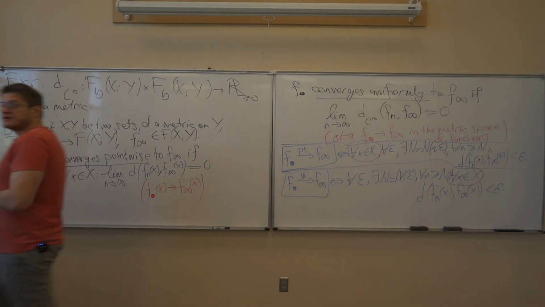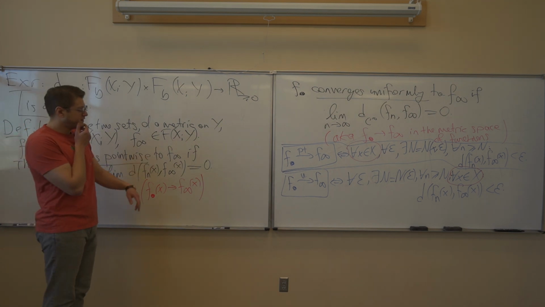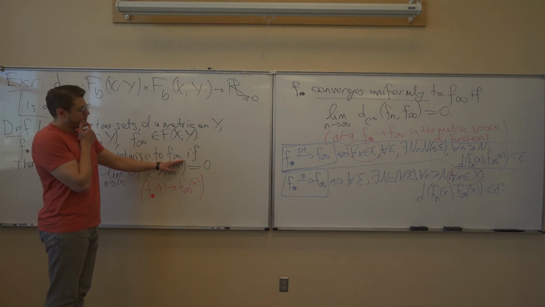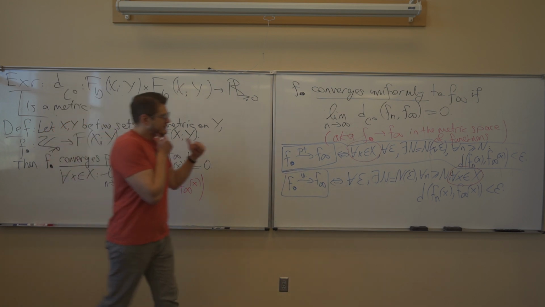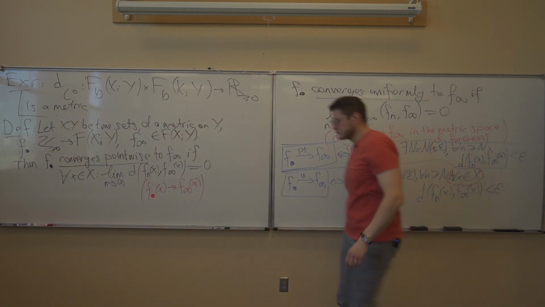Let's see what that would mean. Let me also say a couple more words. If f bullet converges pointwise to f infinity, then you say that f infinity is the pointwise limit of the sequence. And if it converges uniformly, you say that this guy is the uniform limit.